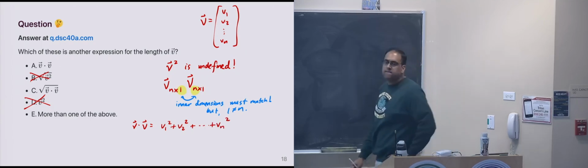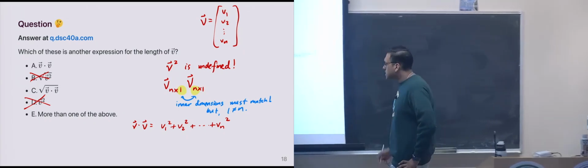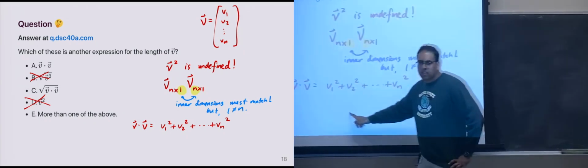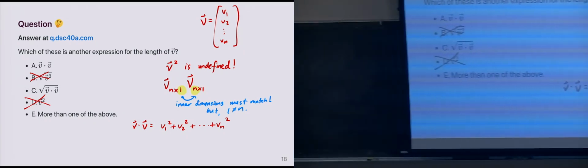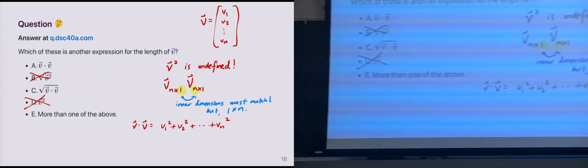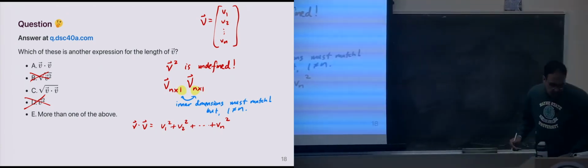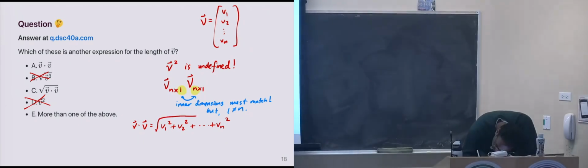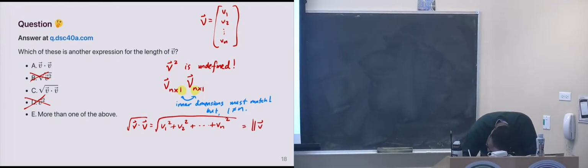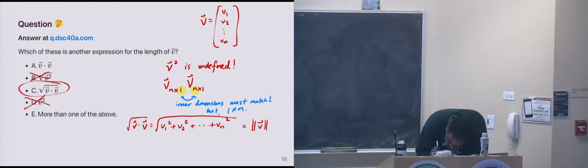Sound okay? Is this the length of v? No, but it's awfully close. What do I need to do? Yeah, I need to square root it. Okay, which means the length of v is whatever option C said.